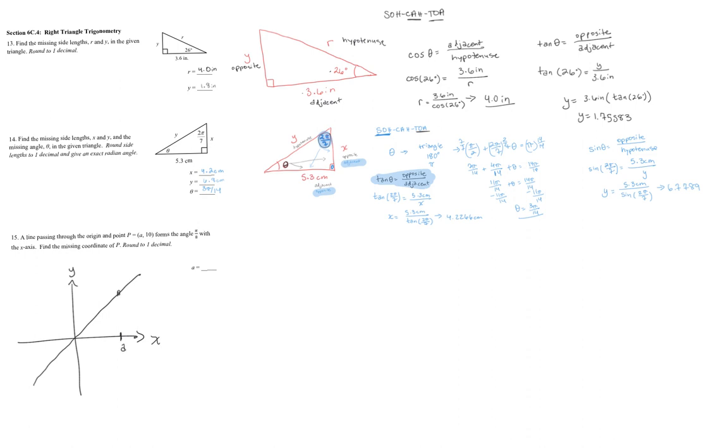Our point (A, 10), P, right? Because that's what was given there. And it says it forms an angle of pi over 8. So we know this angle here, right? So if you notice, this is actually just a triangle, right?